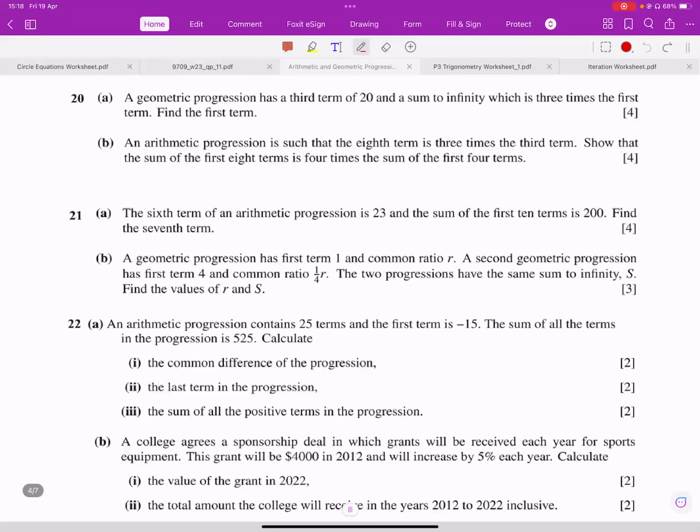Let's do this. Question number 22 from the worksheet.